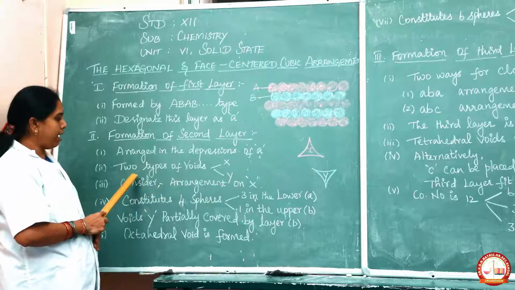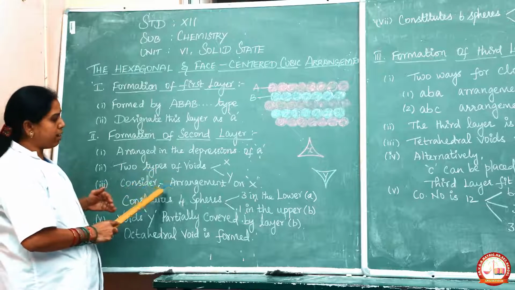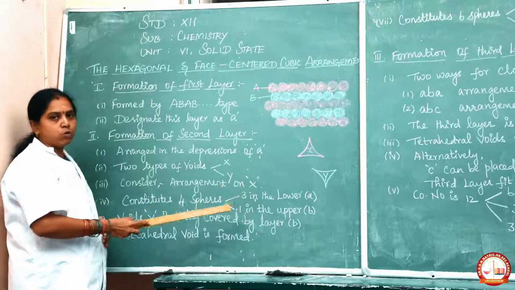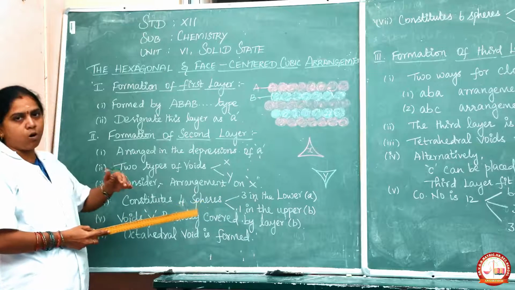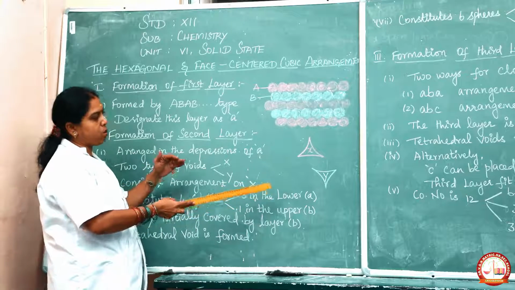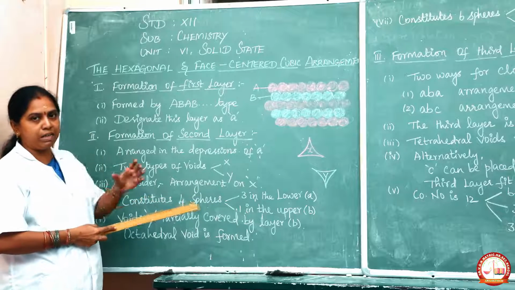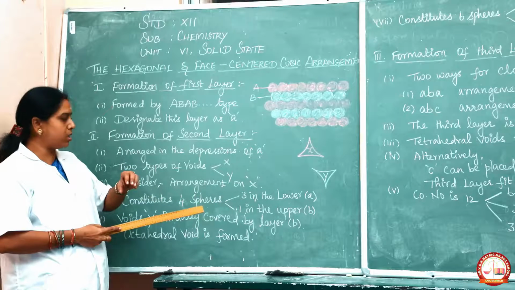Suppose we consider the arrangement of the second layer on the voids X. When we place the spheres on the first layer, that is on the voids of X, we can form a tetrahedron when all four corners are joined.